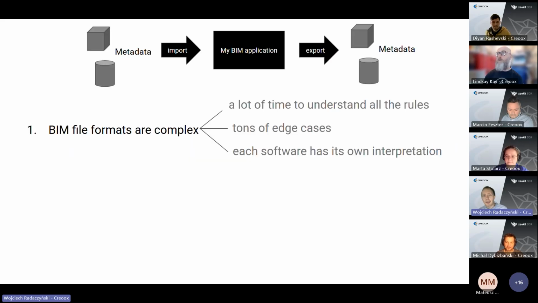So one thing that I've learned back then was that existing BIM file formats and generally 3D file formats are pretty complex. So I've spent a lot of time reading quite big documentations to understand all the rules behind different file formats. And then I had to check tons of different edge cases to make sure that my importers correctly import geometry and metadata.